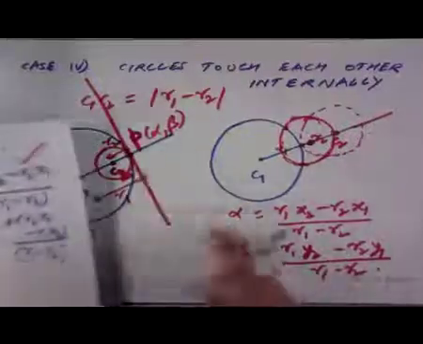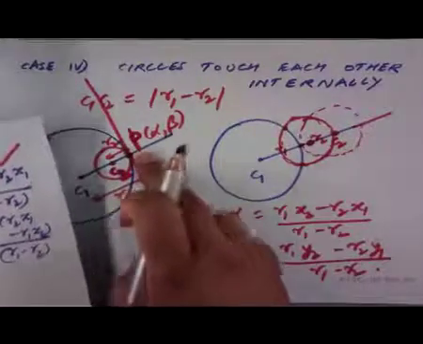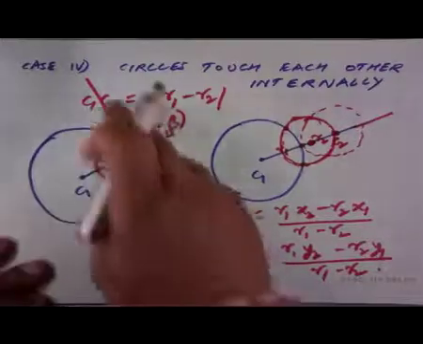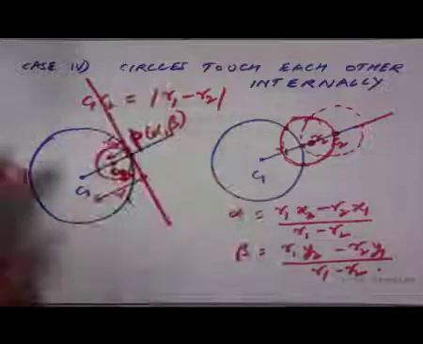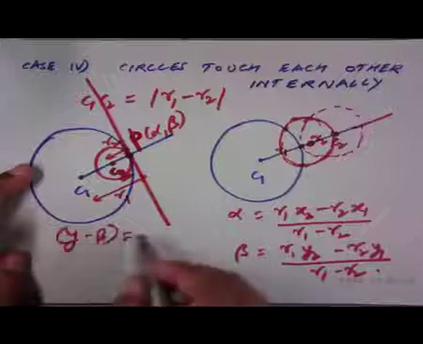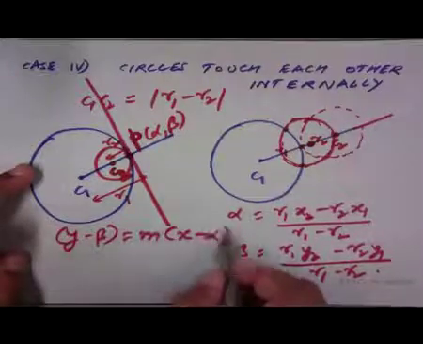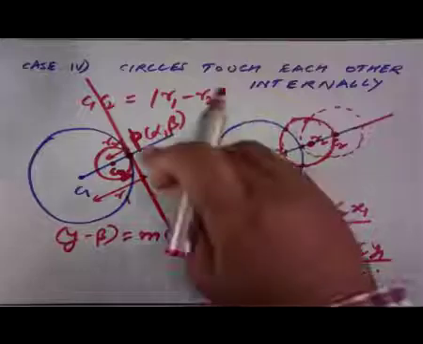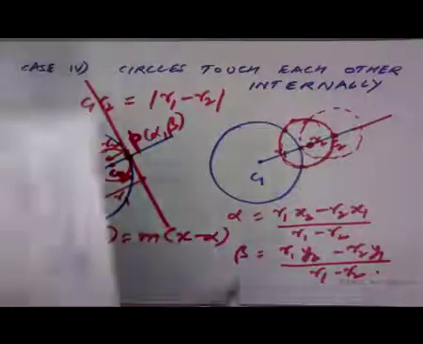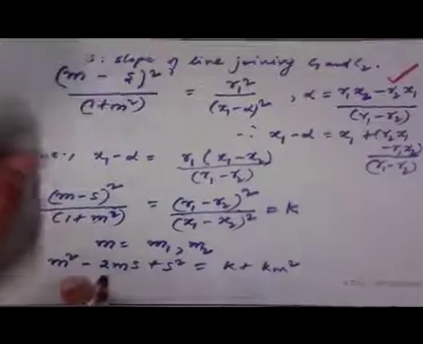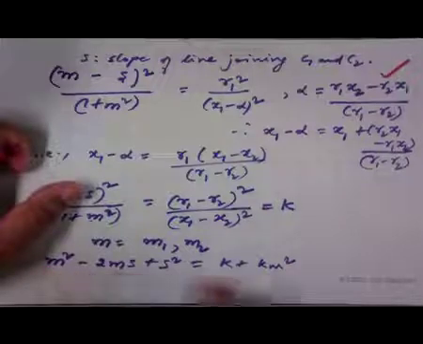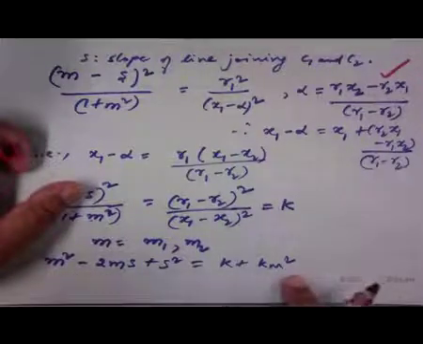And then once we know the coordinates of this point, the equation of this particular direct common tangent will be y minus beta equal to m into x minus alpha, because we know that this point will lie on the direct common tangent, and we will get the value of m by solving this quadratic equation, which will have equal roots.